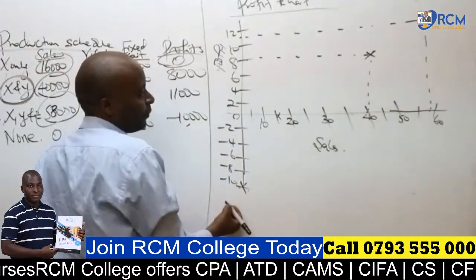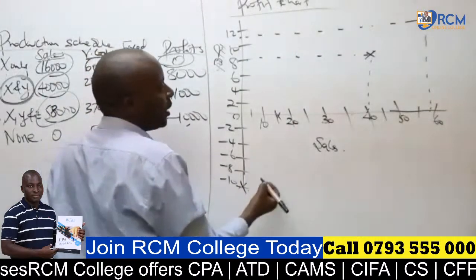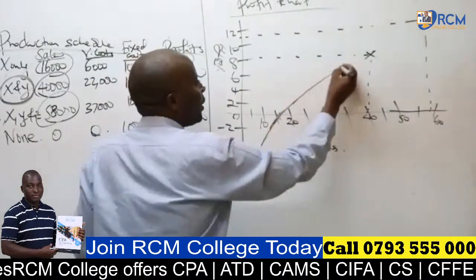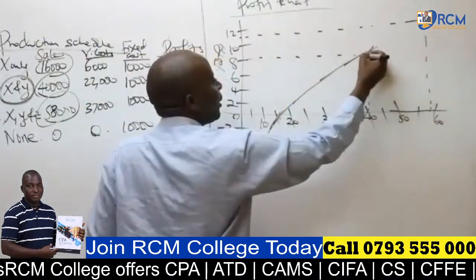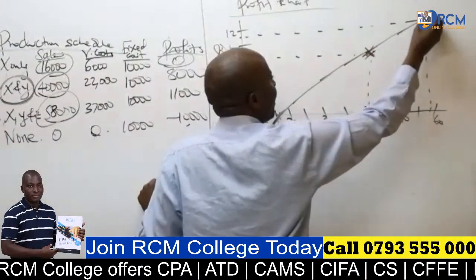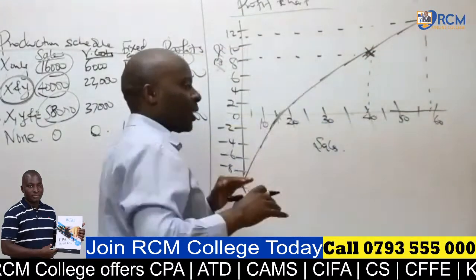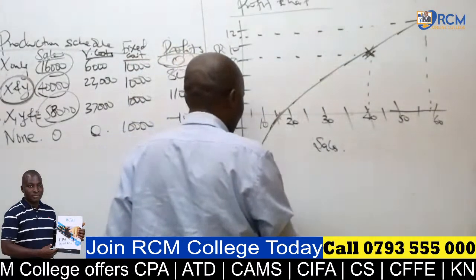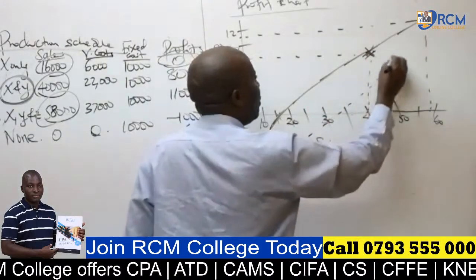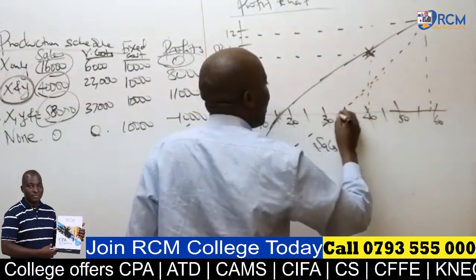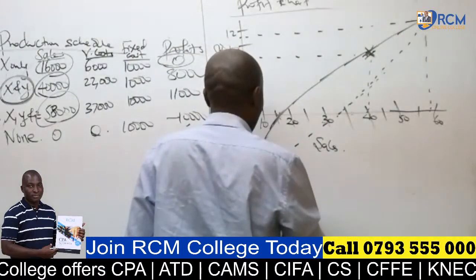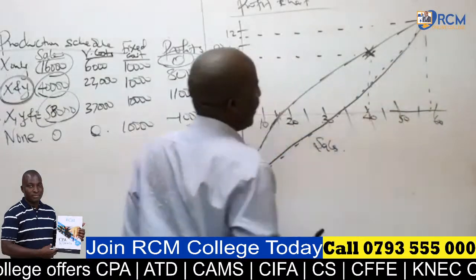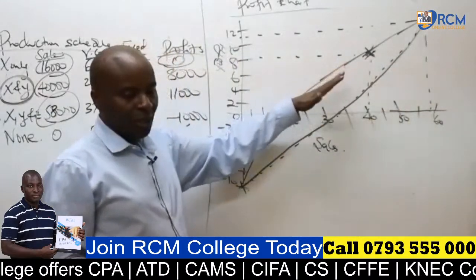Now come and join the 4 points using a curvilinear line. For the last 2 points at the periphery, ladies and gentlemen, use a straight ruler and join them very nicely. This should be a straight line.